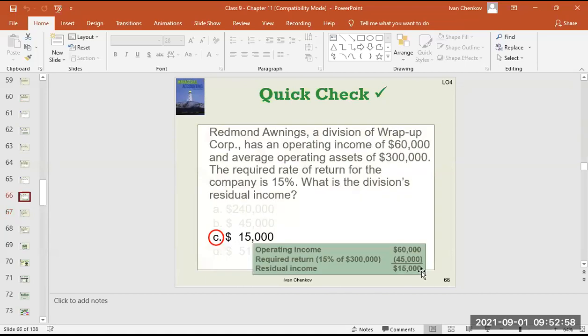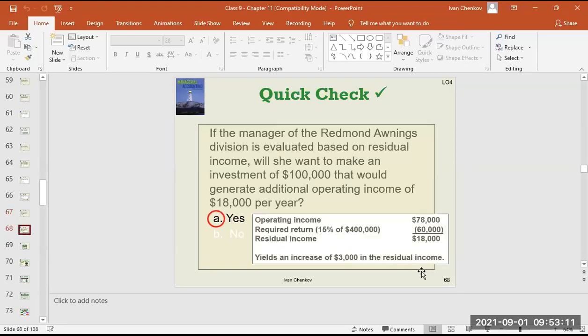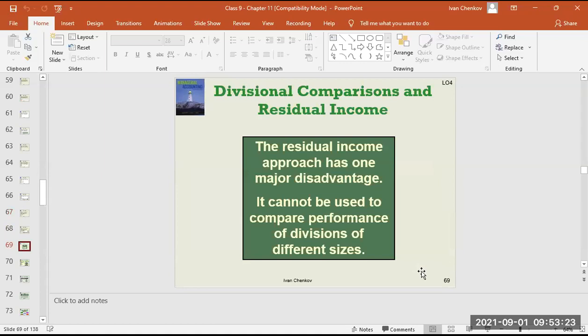In this case, I want 15%, right? So if the manager is evaluated on residual income, is she going to make that additional investment? Yes, because it's going to be 3% of residual income. Operating income is going to increase by $3,000 or 3%. Make sense? Okay.